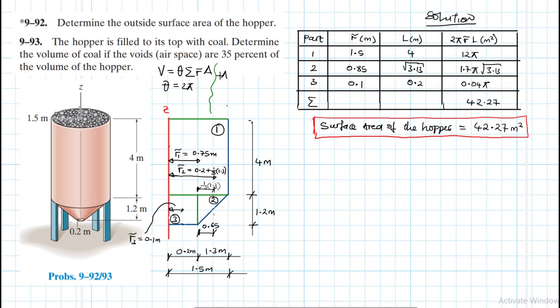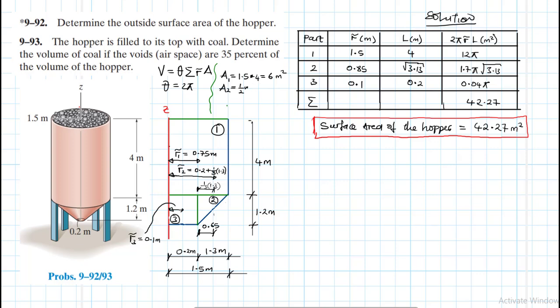What's the area for the first one? Area 1 is 1.5 by 4. What does this give us? It gives us 6 square meters. Area 2, what do we have?